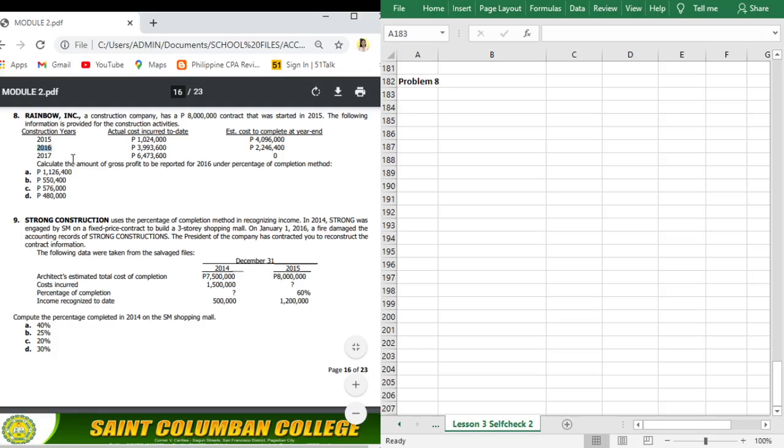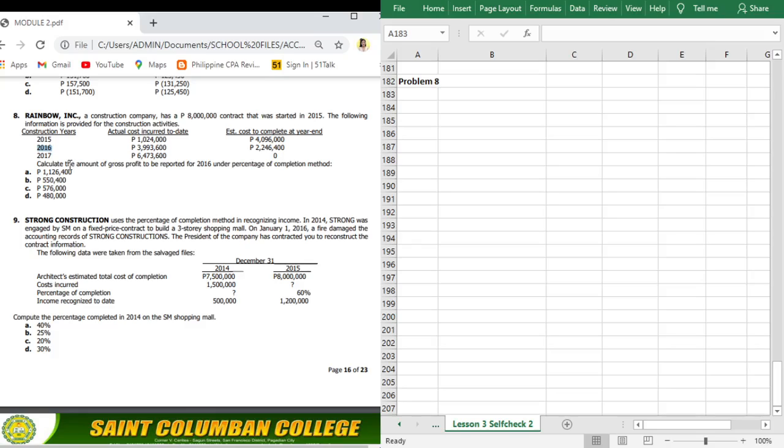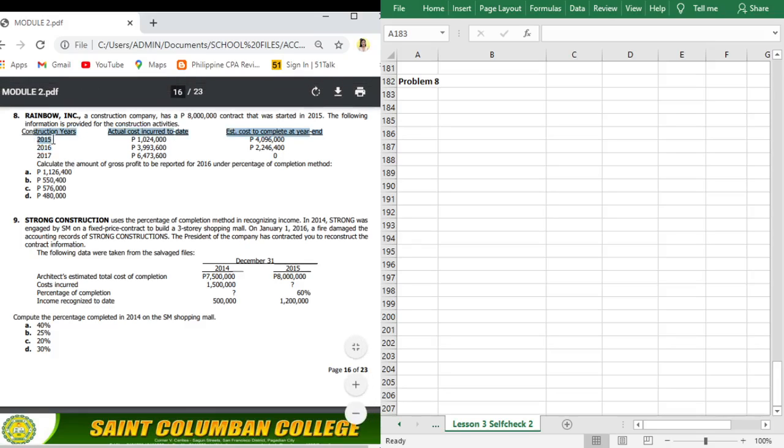Pagka 2016, naay changes sa estimate sa imuhang total estimated cost. So, what are you going to do? Will you change the 2015? Will you change the 2015 retained earnings? No, because a change in accounting estimate must be applied prospectively. Meaning, bahala na tong na-recognize sa 2015, whenever there are adjustments, we will effect it starting from the year 2016.